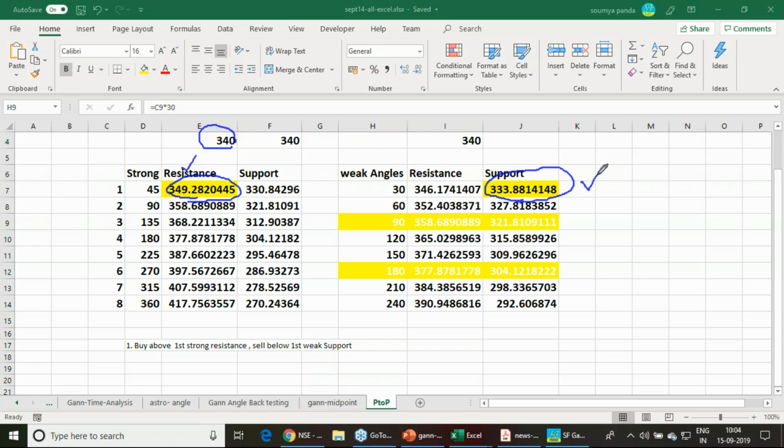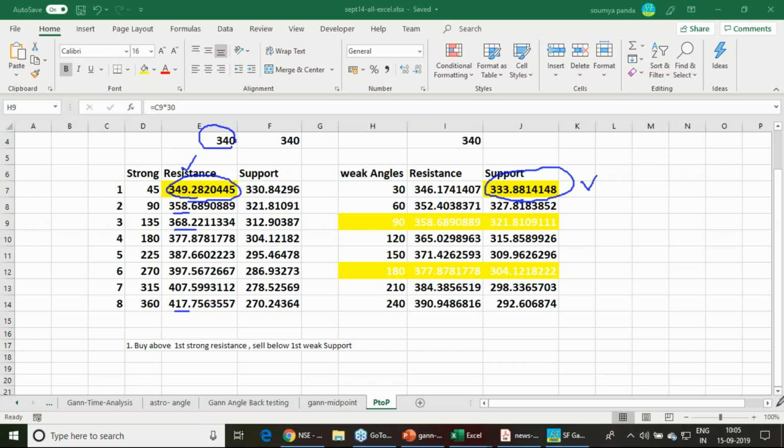I can keep my stop loss at 333. I can have the first targets as 359, 368. Preferably, I can wait for 470, 80 because I am an investor. And once 334 comes, I can think of exiting, or I can accumulate here.